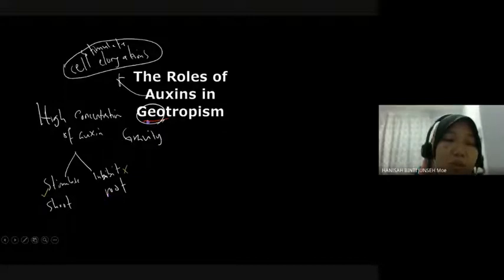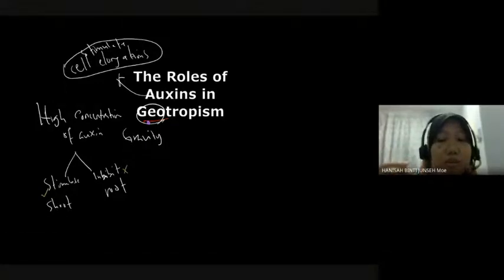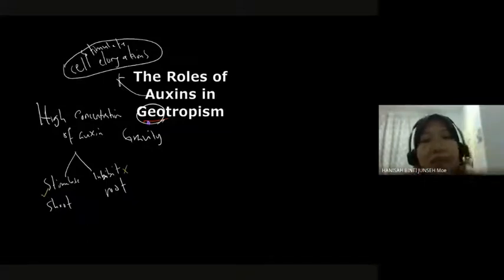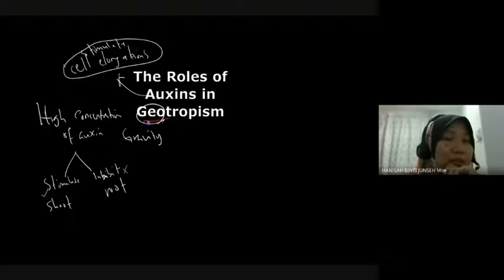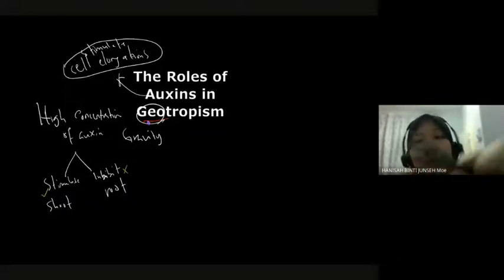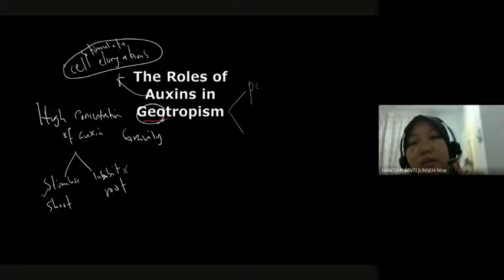Because when we say about geotropism, automatically we will think about roots. Right? Sebab roots yang lebih dekat dengan gravity. So before we discuss about auxin in geotropism, you need to recall that geotropism, there are two types, which the first one is positive and the second one is negative.